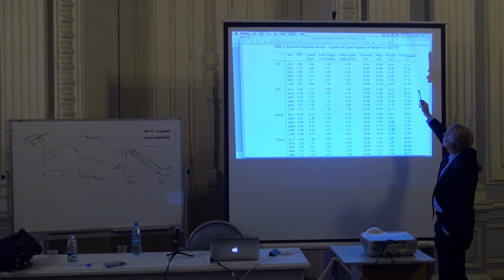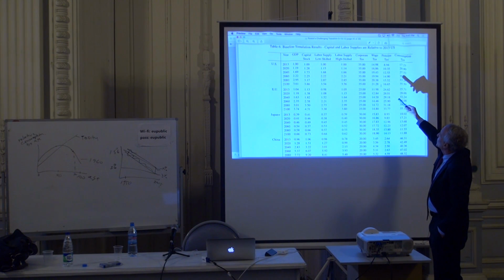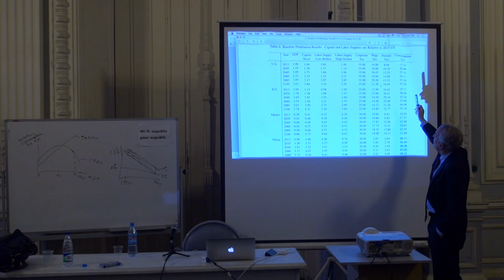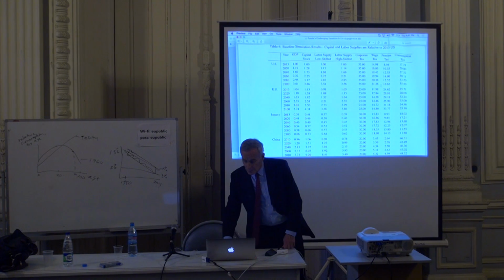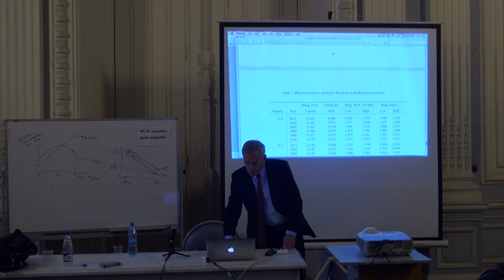So the wage tax rate goes from like 15% to 21%. The pension tax rate goes from like 9% to 16, 17%. The consumption tax doubles from 17 to 35%. That's a very big increase in the total effective tax rate on labor supply.